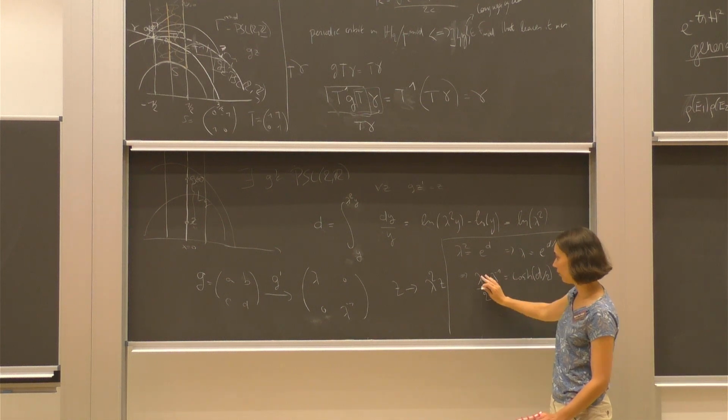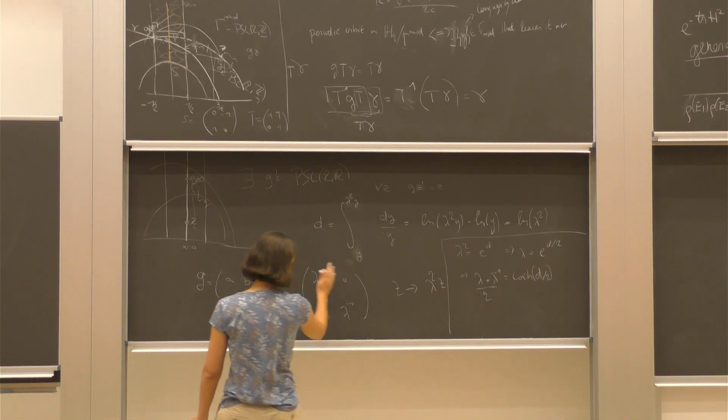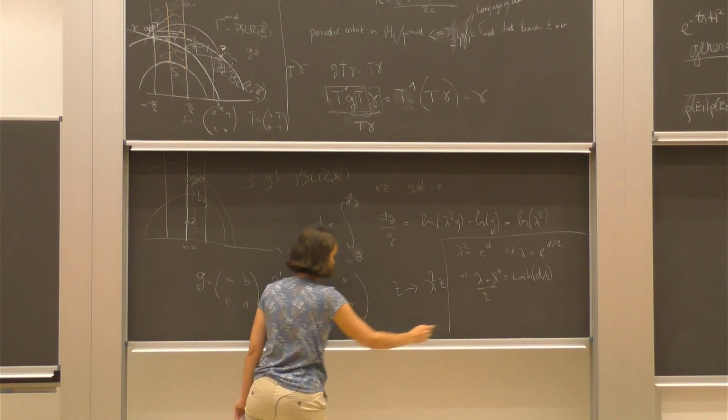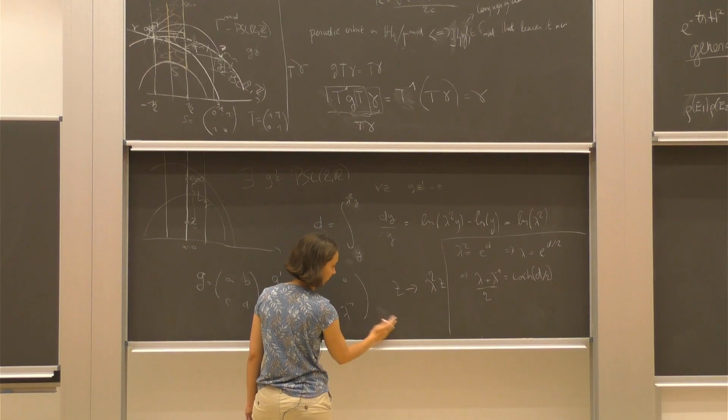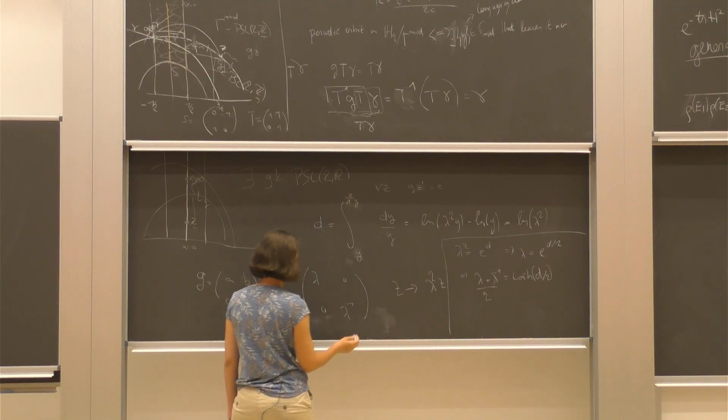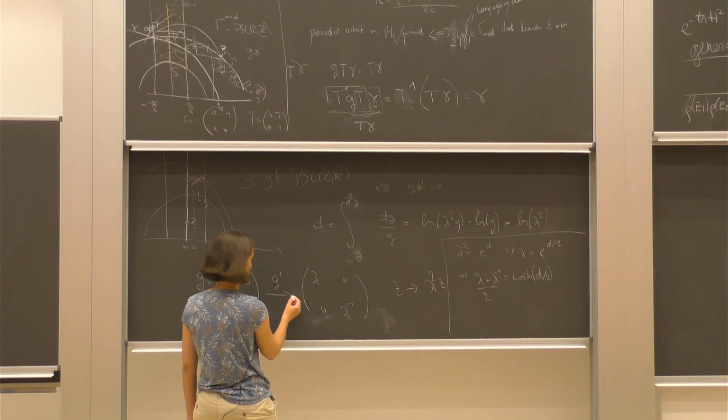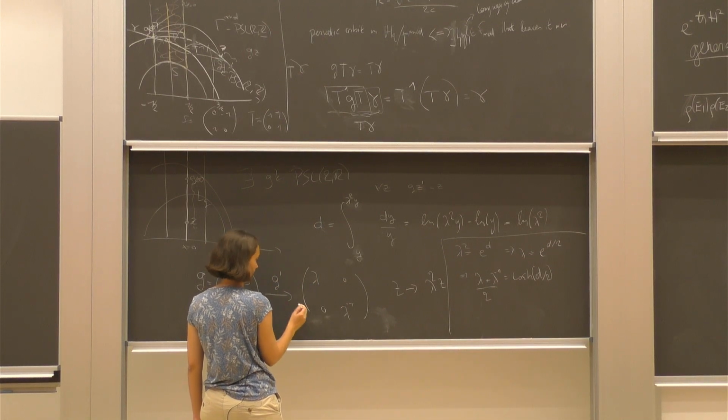And now you can have a look at this matrix here, and lambda plus lambda inverse is nothing else than, maybe I should just give it a name.